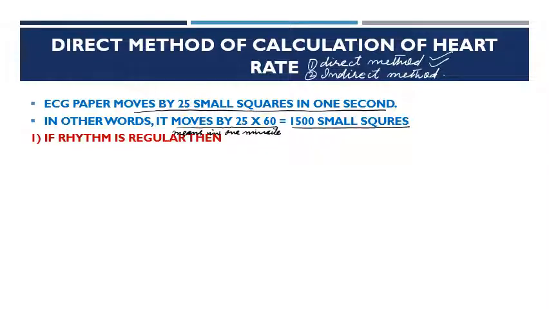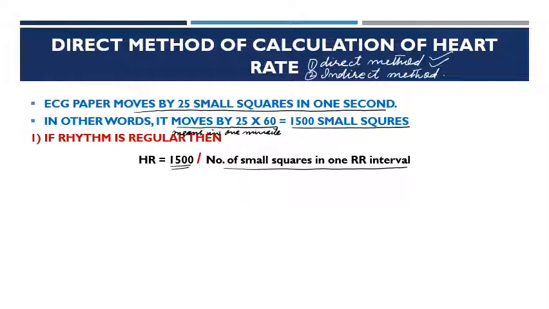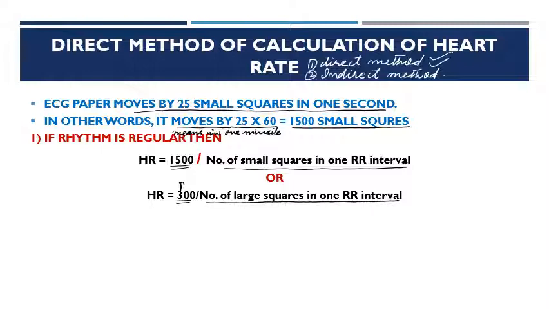If the rhythm is normal, then we can calculate heart rate by dividing this 1500 by number of small squares in one RR interval, or by dividing 300 by number of large squares in one RR interval.